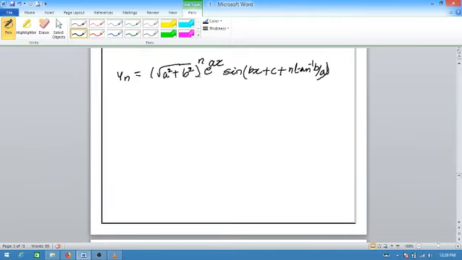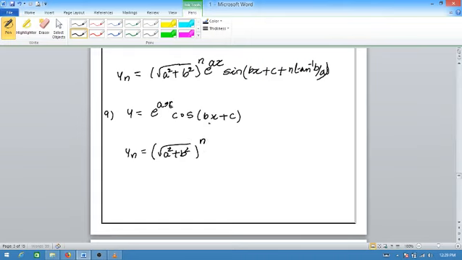Similarly, in the same line for the last one, if y is equal to e to the power of ax cos(bx plus c), this is also the same. yn is equal to root of a square plus b square raised to n e to the power of ax, and here you will get cos(bx plus c plus n tan inverse b by a).